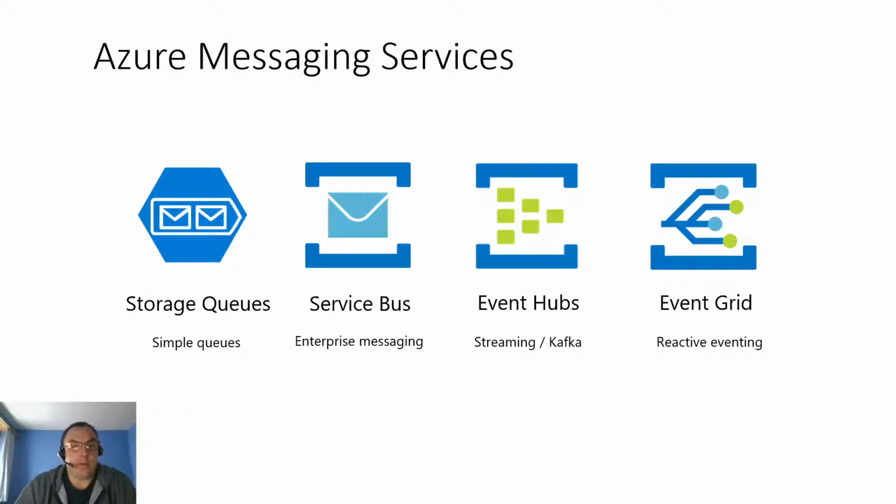You will have to think about, okay, which one, in my case, is the best option, right? If you have larger messages, for example, most likely you'll have to look at things like service bus or storage queues, while event hubs and event grids are more for lots of triggers, lots of smaller events. So find that balance between the different messaging services to find the right one for you.